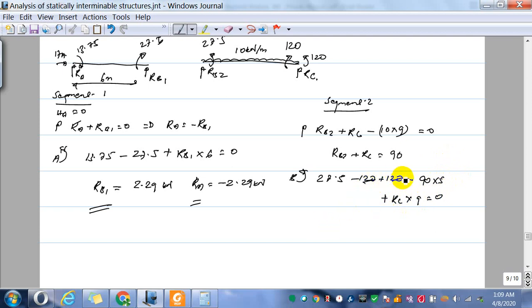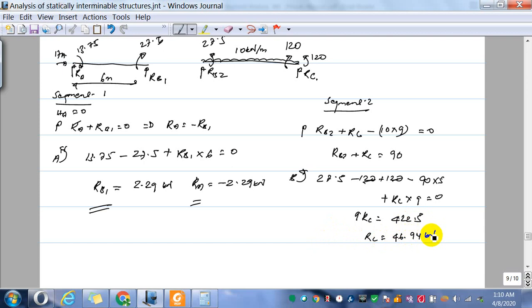So this cancels off. So 450 minus 27.5, so 422.5. So 9 RC is 422.5. So RC is, you need to divide that by 9, 46.94. So RC is 46.94.